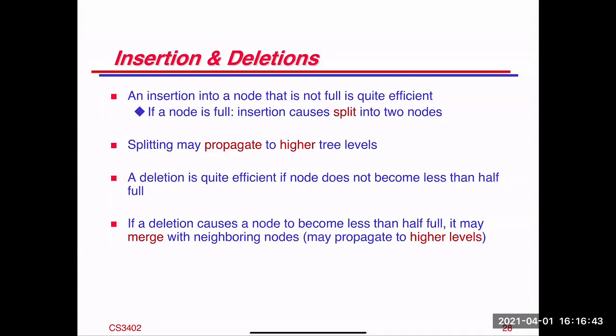And similarly to insertion, this merging might also propagate to higher levels, right? So if I merge two nodes on one level, then that might cause some problems to upper levels, because when I merge, then one of the parents of these nodes will have now less children, okay? And meaning they will have less entries, and so that might make them less than half full and so on.